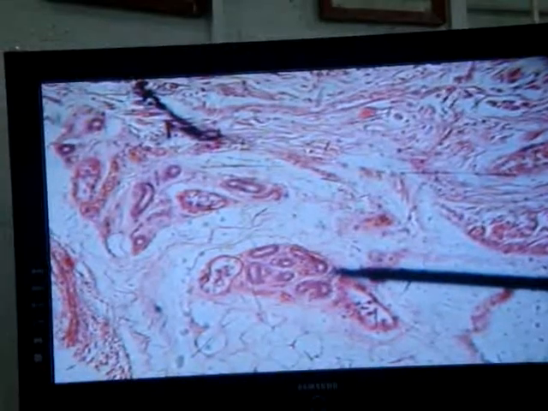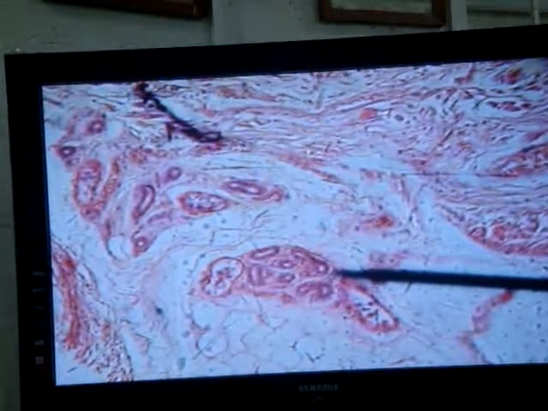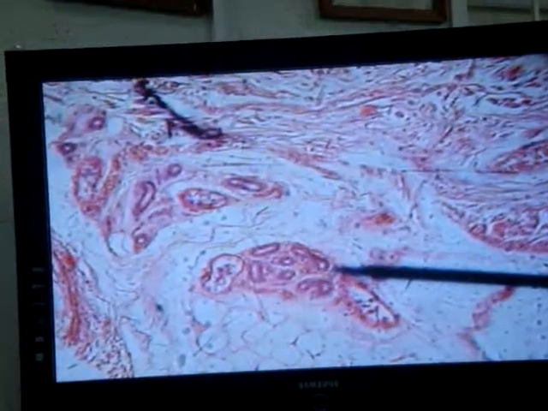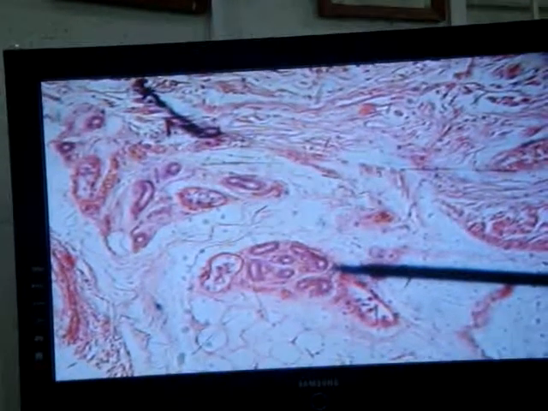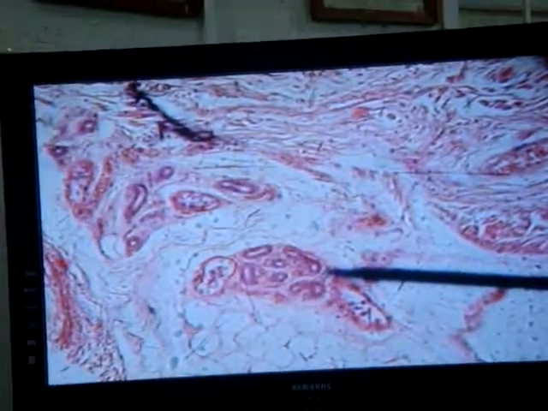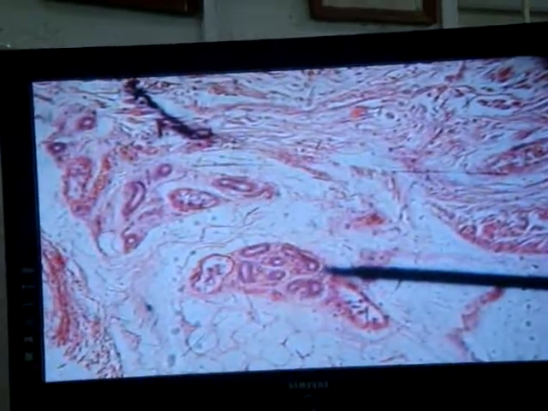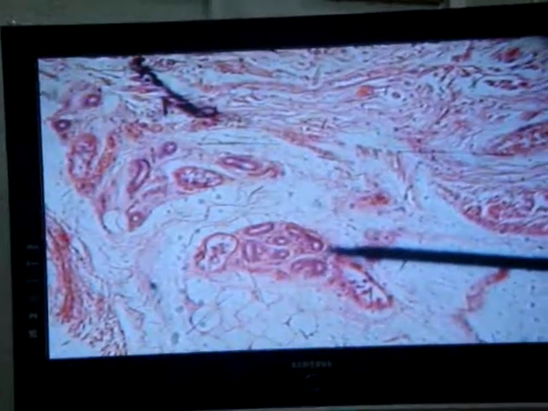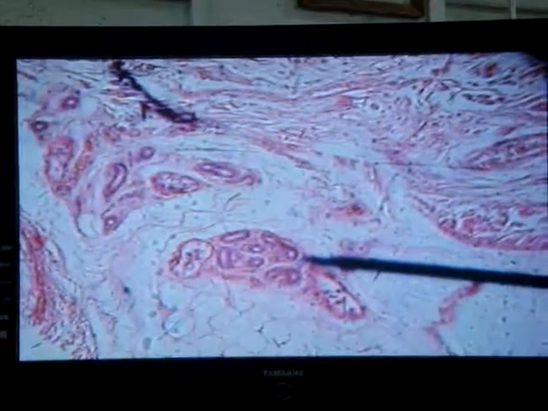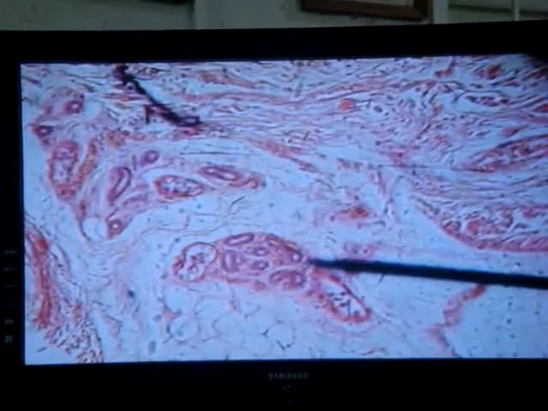So generally, most of the sweat glands of the body are merocrine sweat glands, eccrine. So eccrine and merocrine are the same thing. Most of them are that, and they release their secretory material exocytotically with no damage to the cell membrane at all. So the cell is perfect at the end of the day. Very good.